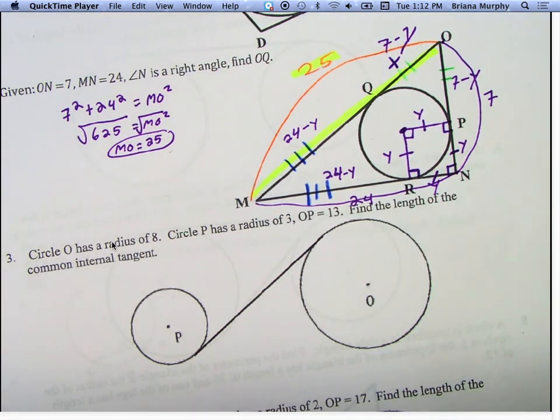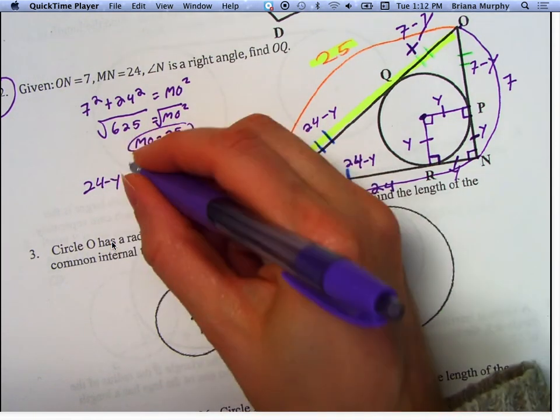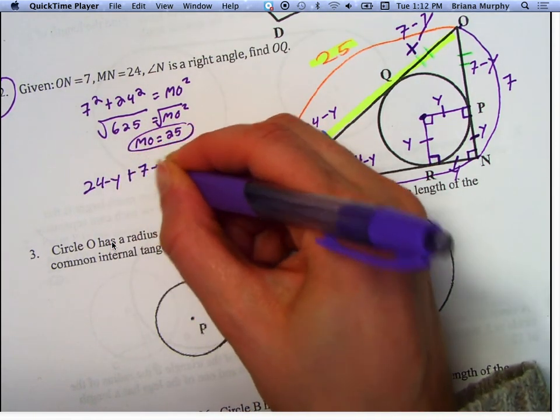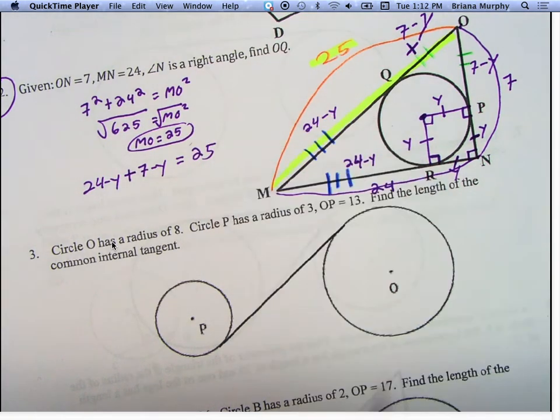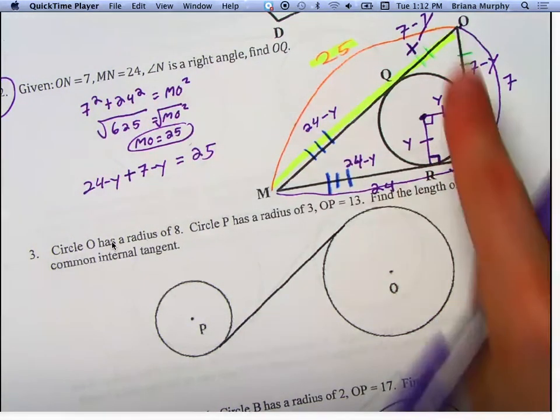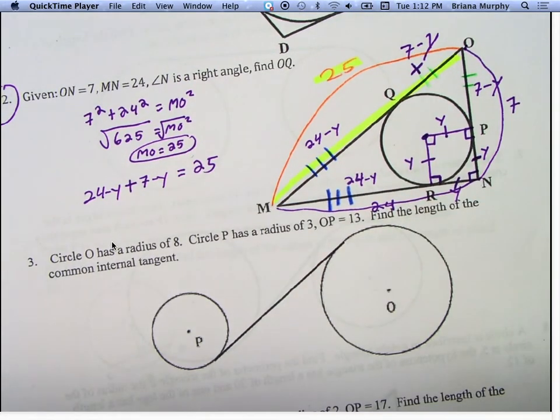So could I add those two together to get 25? Okay, 24 minus y plus 7 minus y is going to equal 25. Now I just have to do some algebra to find out what y is, and then plug in y up here for 7 minus y, and that would give me x.